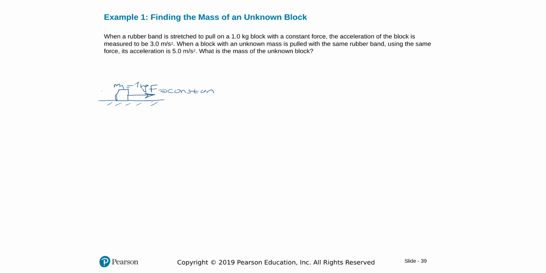So when we pull the 1 kilogram block with a constant force, the acceleration of the block is measured to be 3 meters per second squared. The block accelerates, and again I will tell you, acceleration will be in the same direction as force. 3.0 meters per second squared.